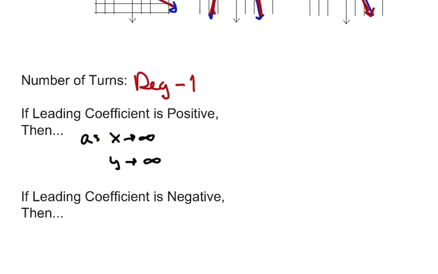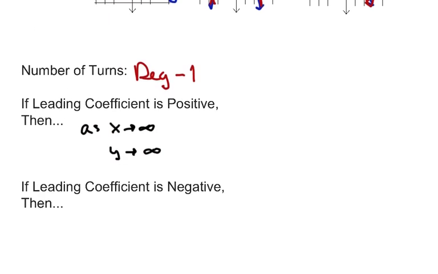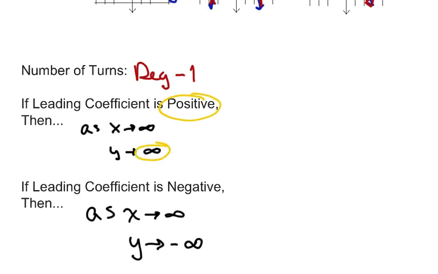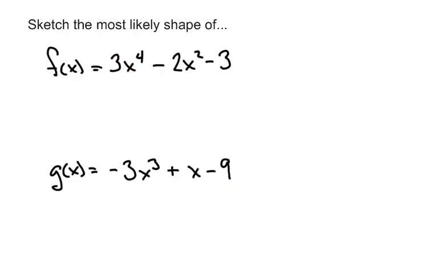So, if the leading coefficient is negative, then as x approaches infinity, y is going to approach negative infinity. Notice, positive, positive infinity. Negative, negative infinity. So, the leading coefficient tells us what happens on the right end of the graph.